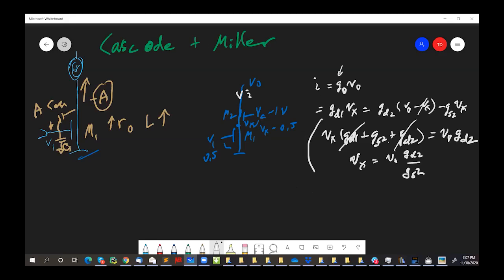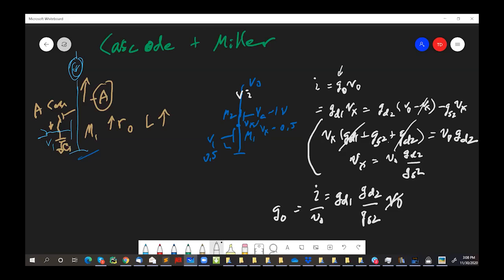Let's take this equation here. I say that I equals GD1 times Vx, which is GD2 divided by GS2 times VO. And so now I have I divided by VO, which is GO, equals this expression on the right here.